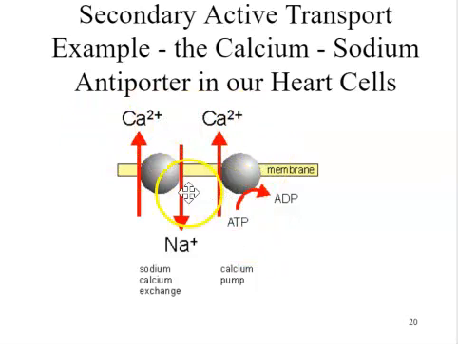So we are building an electrochemical gradient by running the calcium-sodium antiporter in our heart cells. The heart will use that gradient to transport a number of other molecules, which we won't get into here, but that's what makes it a secondary active transport system: this building of an electrochemical gradient that's then harnessed to do other sorts of transport.